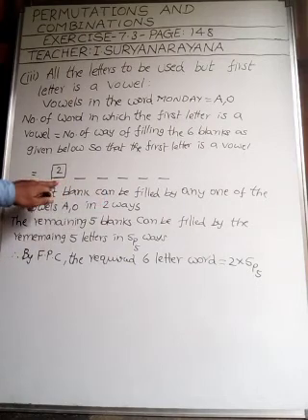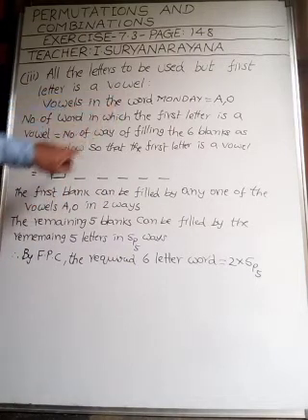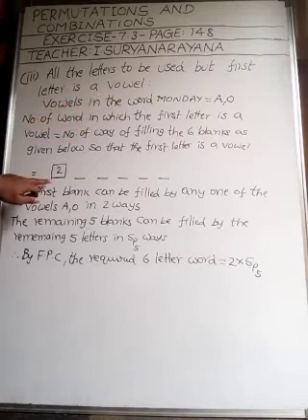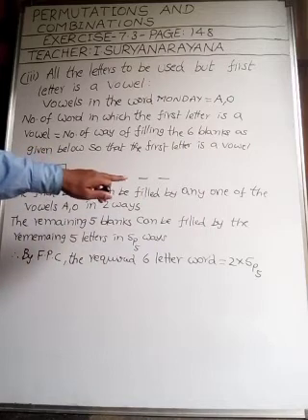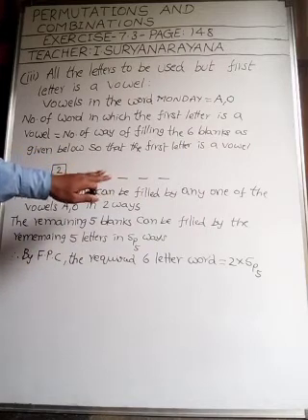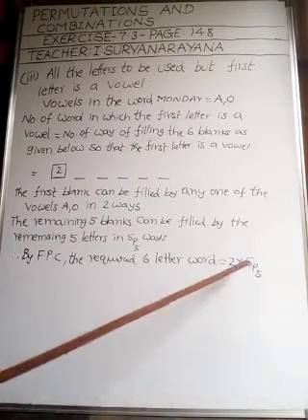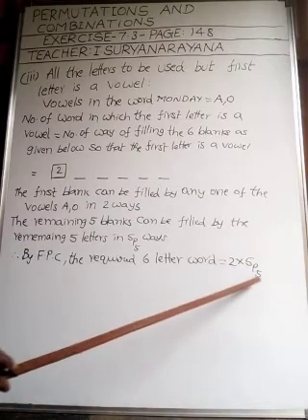The first operation is filling that first blank by any one of these two ways. After that, the second operation is filling all these remaining blanks, taking all 5 letters at a time. Okay, that is 5P5 ways. Understood this step, my children?